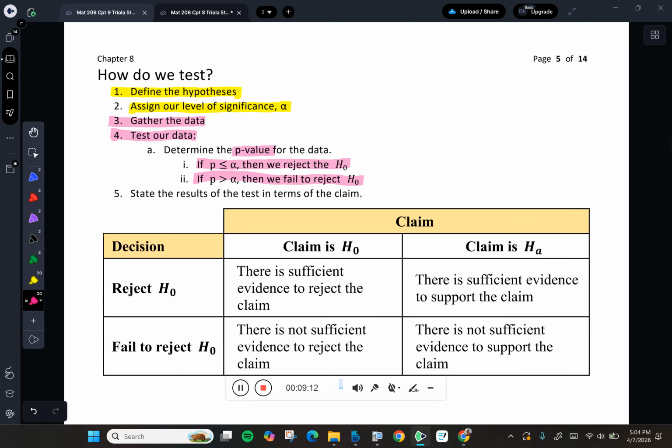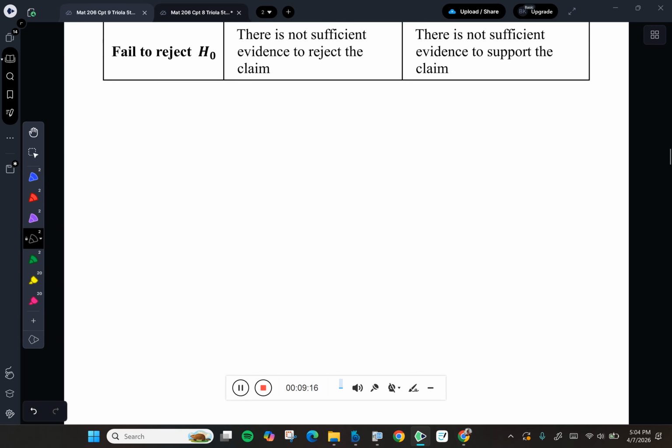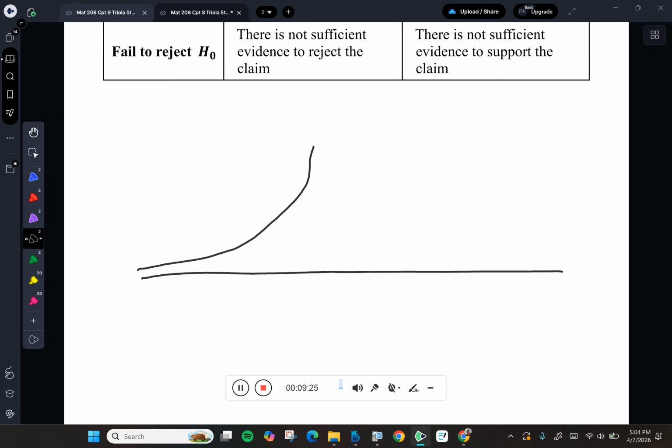Now, if you're wondering about the math that's going on here, here's the math behind the scenes. Everything we're going to be doing in this chapter is based off of either a normal distribution or a t distribution, and they look a lot alike. The middle of that is going to represent our claimed value.